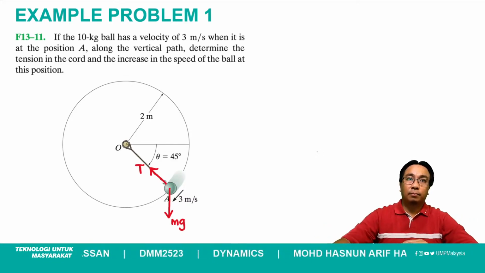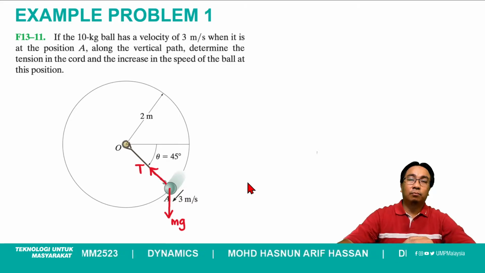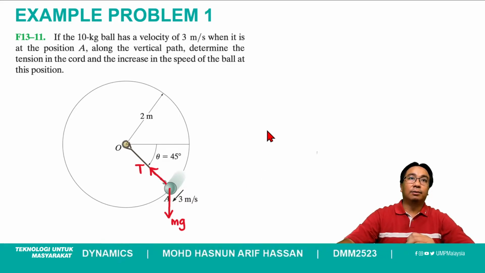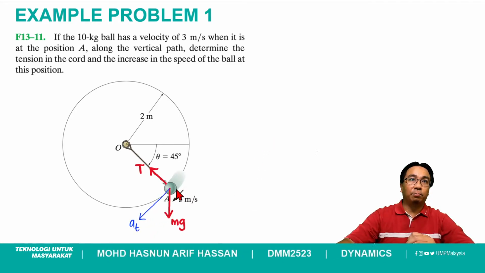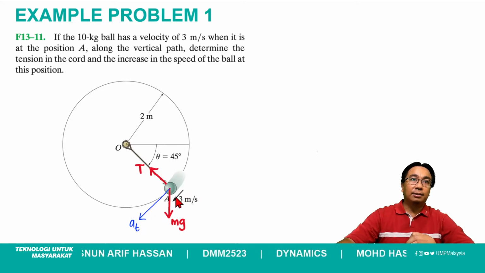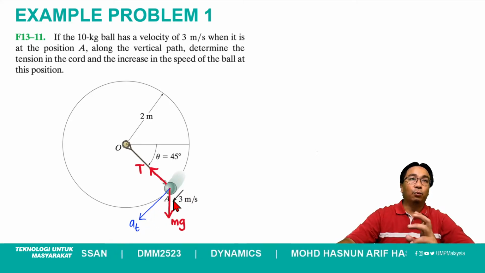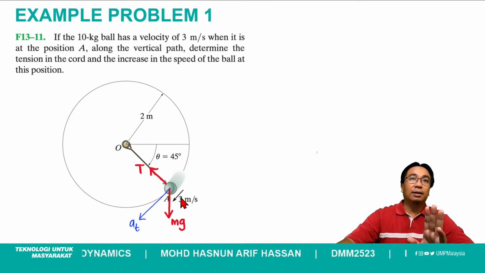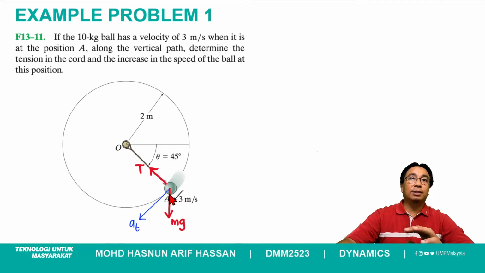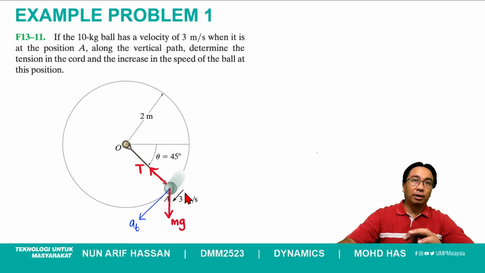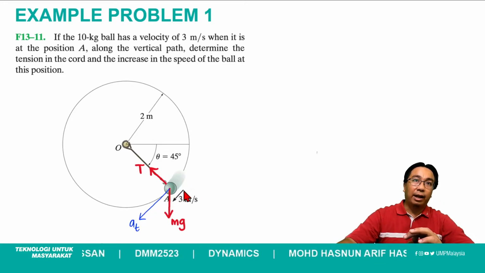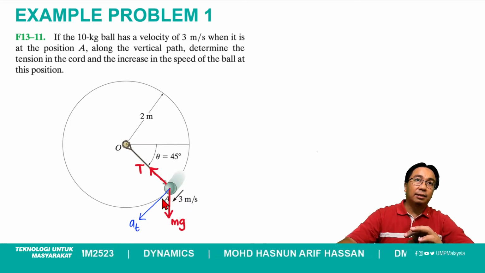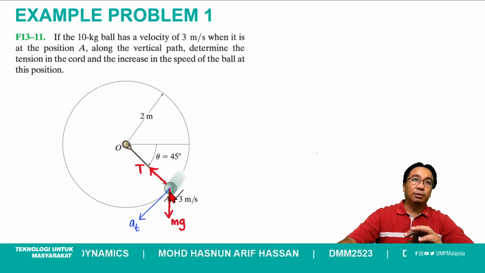The axis is parallel to the velocity. Okay, good. So the tangential axis will be in this direction, the same direction as velocity. Why? Because in the first chapter, I mentioned that velocity is always tangent to the path. So we know 3 meter per second here, acting in this direction, is the tangent of the path. So the tangential axis will be pointing in this direction.